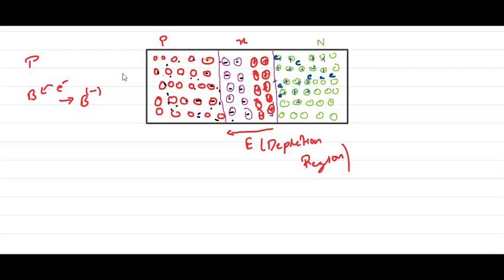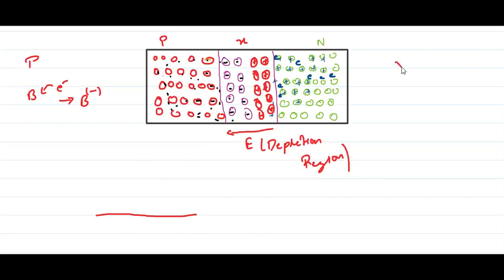Okay. Now let's see the potential. So I can say that from this point to this point, suppose it has some potential which will be constant. Suppose it has a potential which is like this. Now, what do you think? In this depletion region, there's electric field, yes or no?